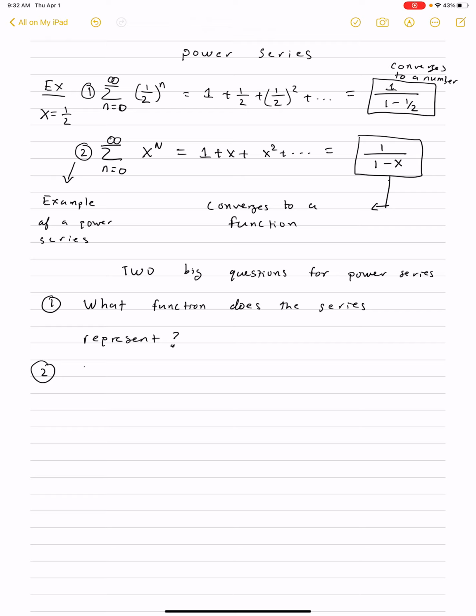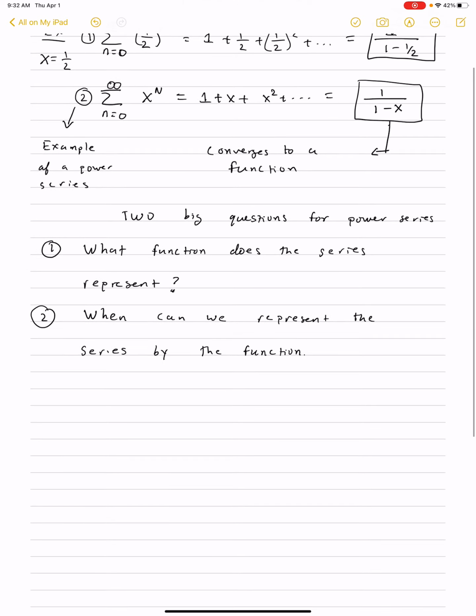So the second question is, when can we represent the series by the function? Okay. We're going to have to be proficient at answering both these questions, but the focus for now is on answering the second question.